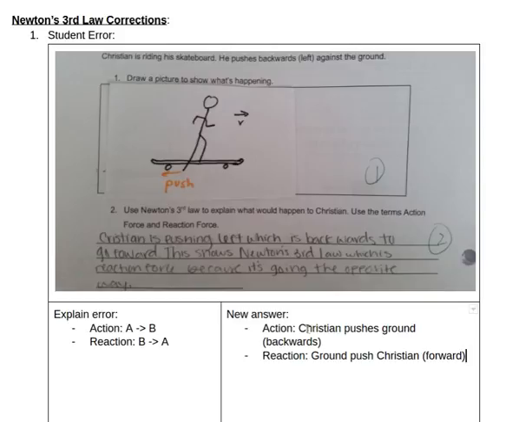Now that does correctly identify what the action force is. It's one object pushing the other object. But the reaction needs to be actually the opposite of that, the second object pushing back on the first object. The reaction is not just what happens to the first object.